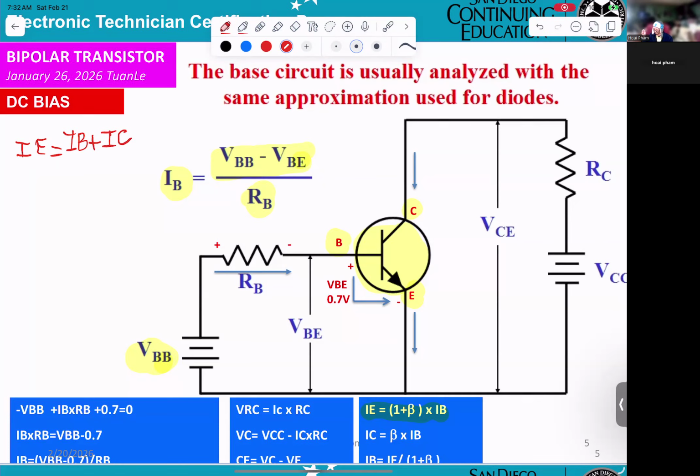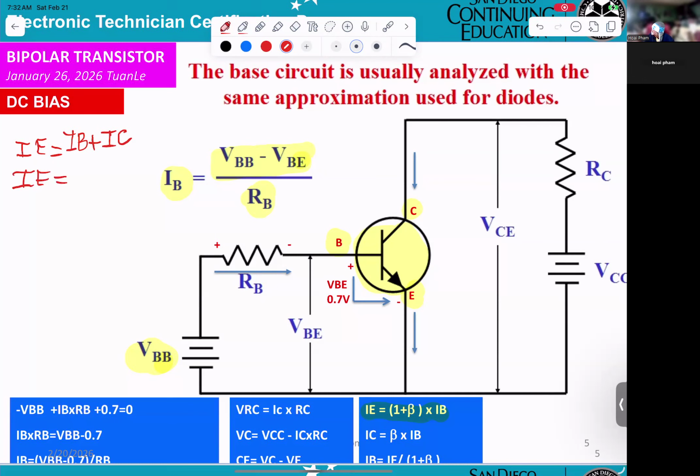However, you can calculate IE the same way, but they use a different formula.